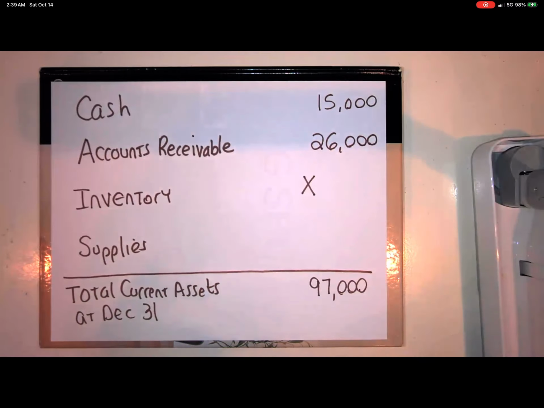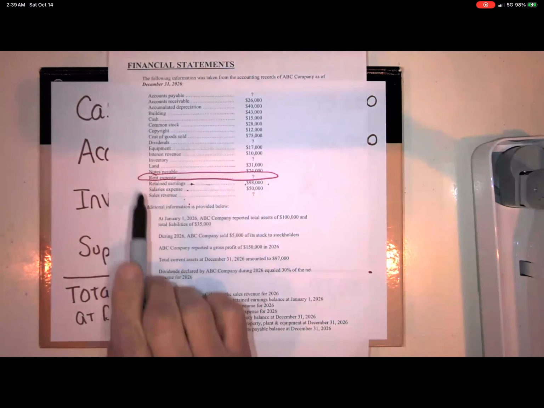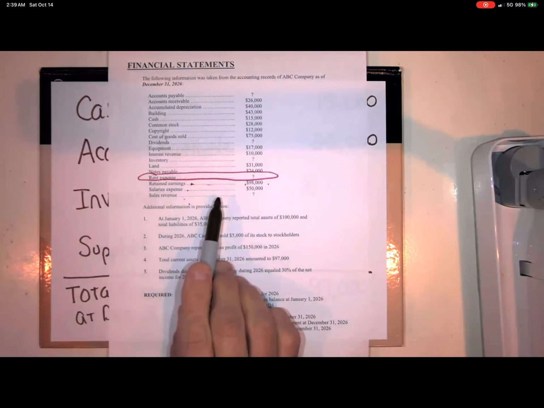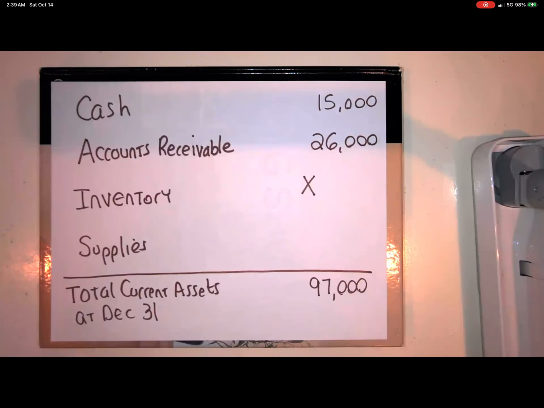Erica, here's my question. Do you mind turning the microphone back on for one more moment? So now we've got the supplies. And Erica, when I go to look at my list of accounts, I go to the S's because it's alphabetical. And I notice there are no supplies. And I also notice there is nothing in the additional information related to supplies.